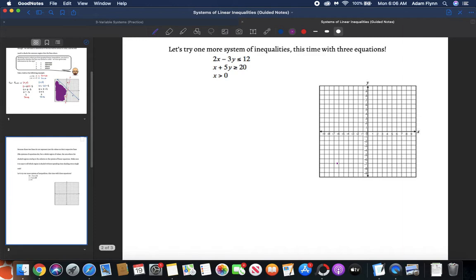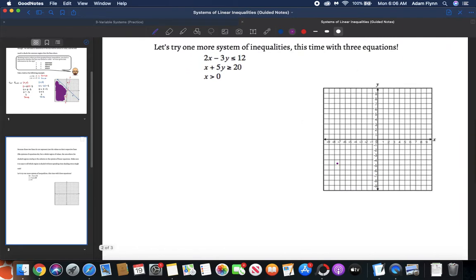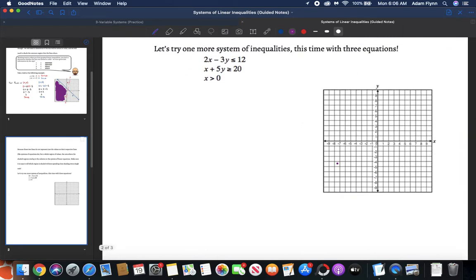Okay, so here we've got 3 equations, or 3 inequalities rather. So we're going to graph all 3 of these lines. So I am going to make this top line my red line. Whoops, how about I make it red, not purple? Okay, and I've got a less than or equal to sign, so I know this is going to be solid.